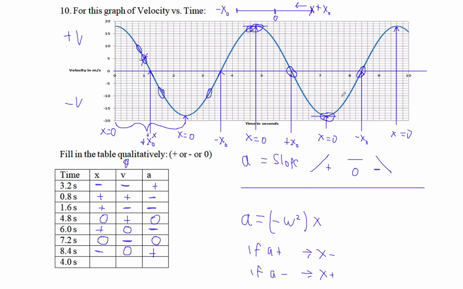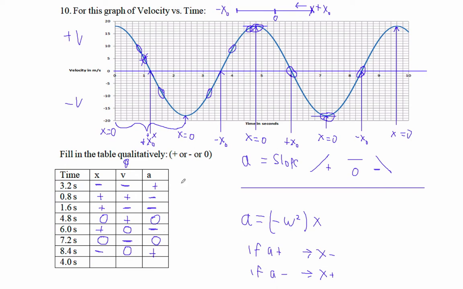So why is it negative? Oh, I see. Well, because we went through the origin here, and we are all the way out at negative X naught at that point, and we're about to turn around and head back. All right, let's see. 4 seconds is here. It's this stretch, right there.